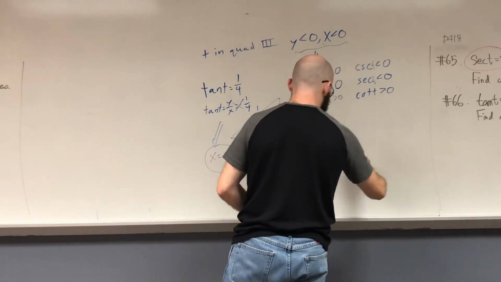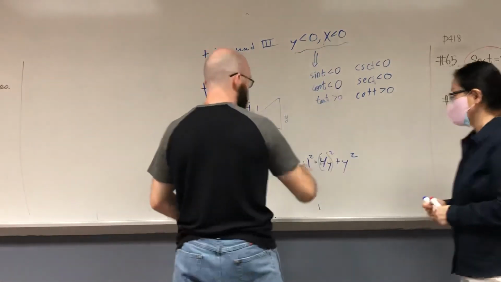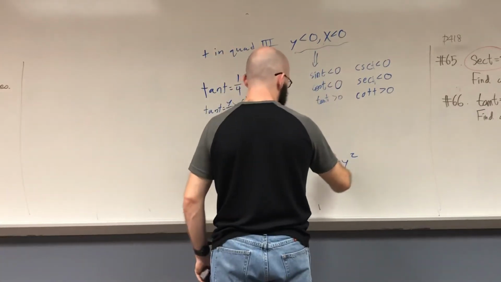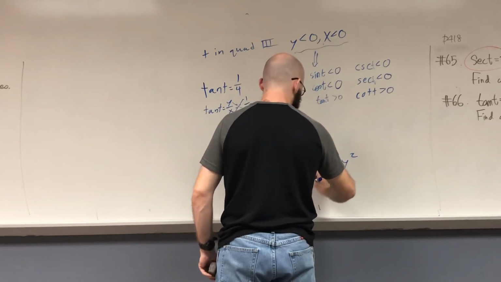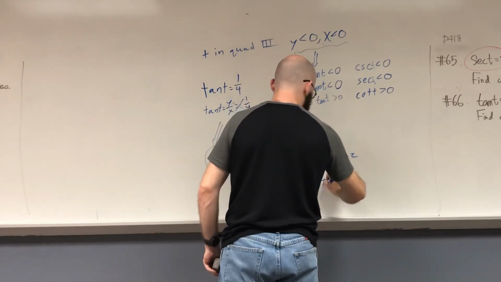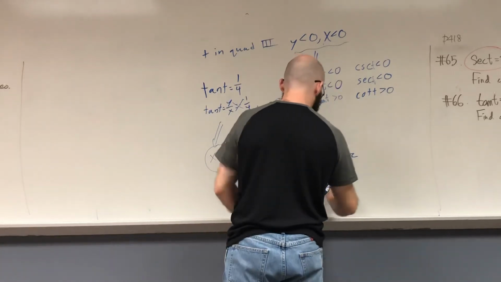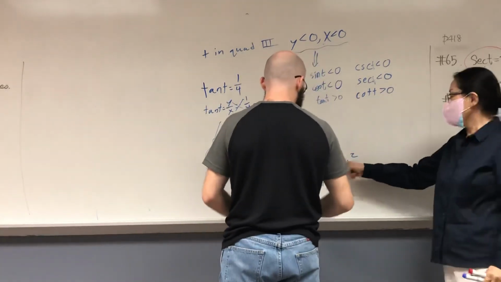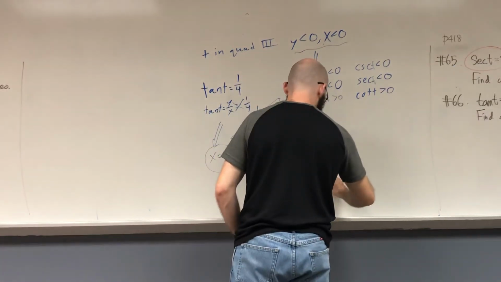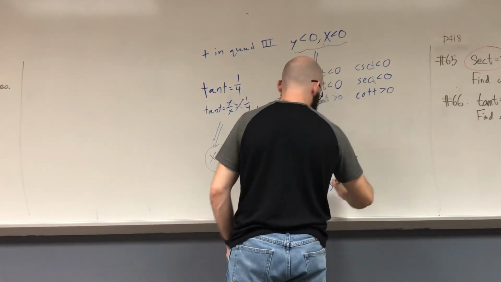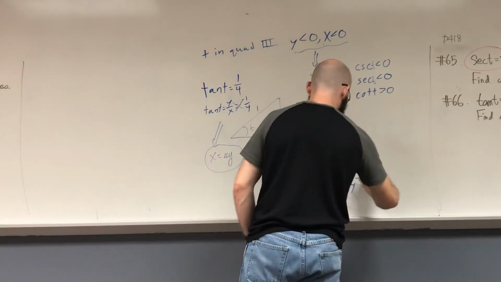So, clean up the right hand side. 4 squared and y squared, right? So 16y squared plus y squared. Am I right? See, this is another algebra.